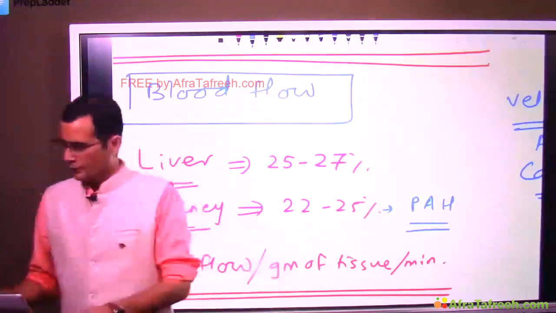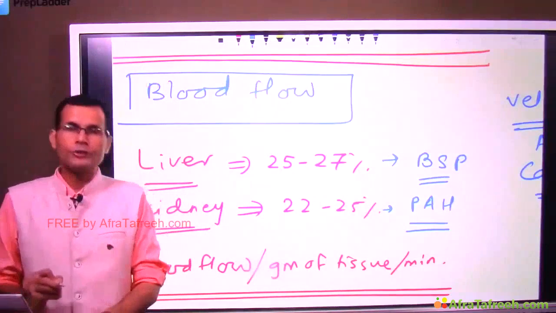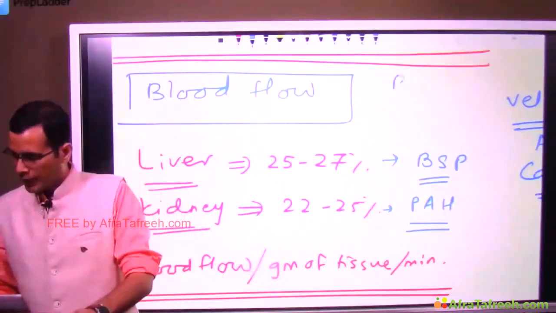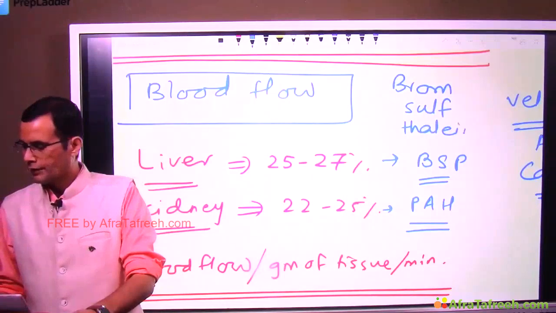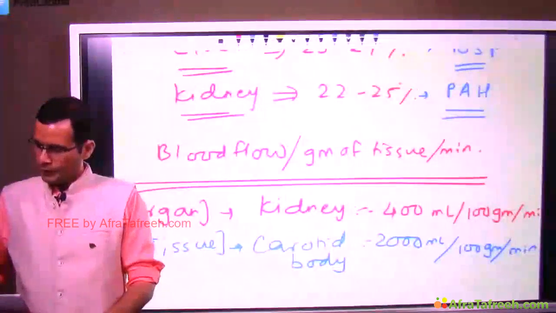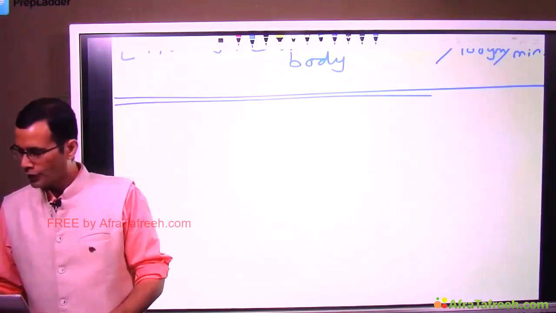For the liver, we use bromsulphthalin. I'll just write it down. It's one word, bromsulphthalin, to measure the hepatic blood flow. So these were the blood flows to various organs.